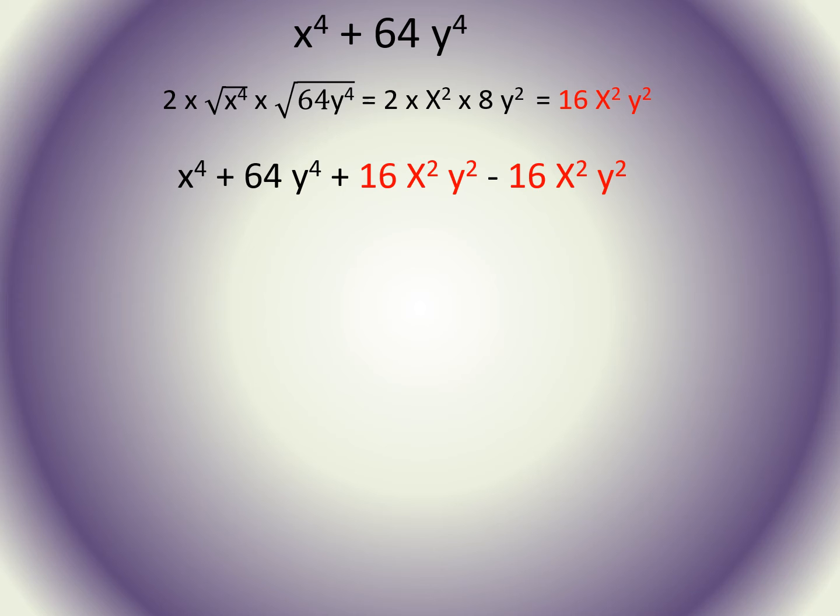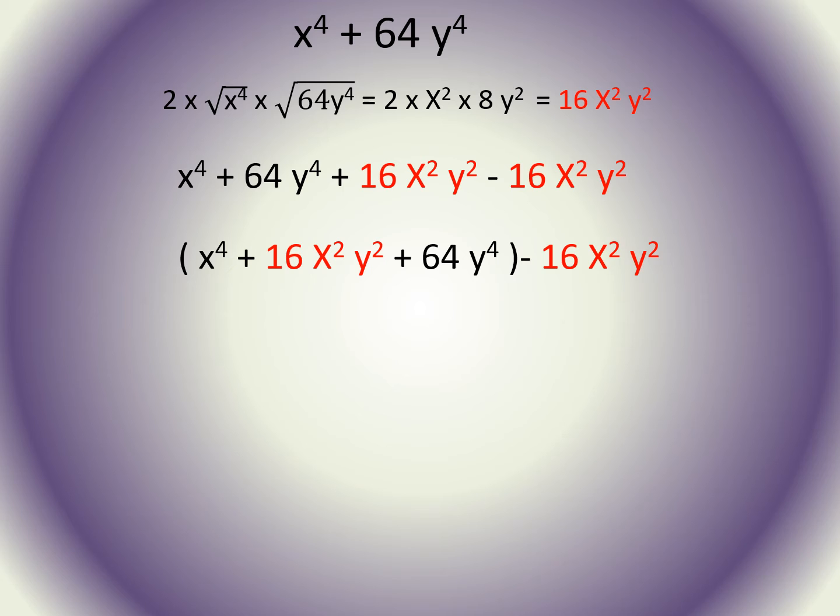By using the commutative and associative, we will write it as x power 4 plus 16 x power 2 y power 2 plus 64 y power 4 minus 16 x power 2 y power 2, and this is called a perfect square trinomial minus a perfect square monomial. 16 x power 2 y power 2 is called perfect square monomial.